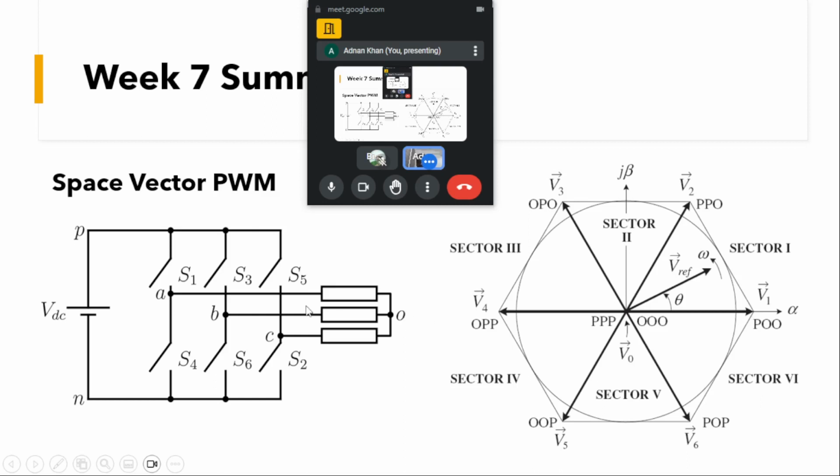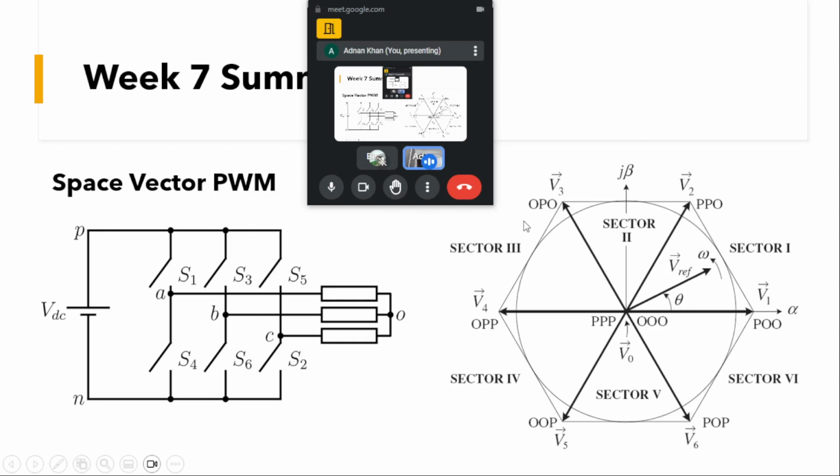Similarly, if we have a switching state of PPO, that means S1 and S3 will be on and S2 will be off, we will get a vector that will be at 60 degrees, represented by this line, vector 2.